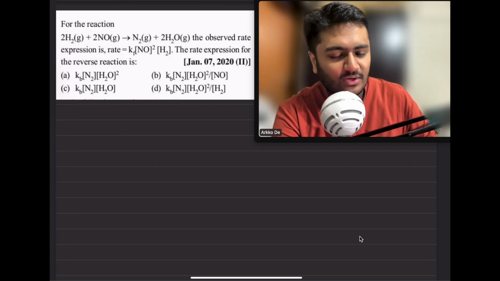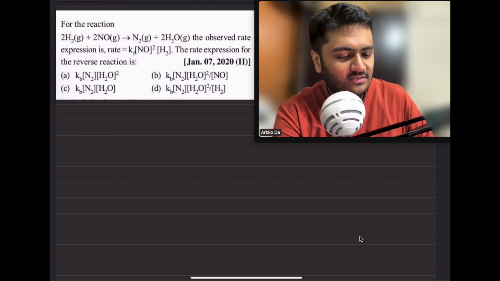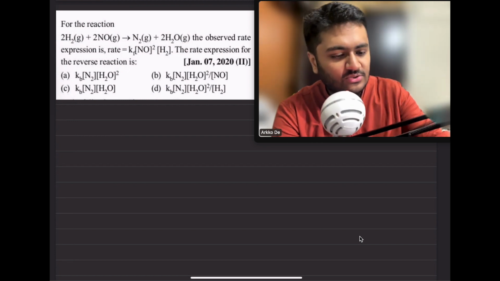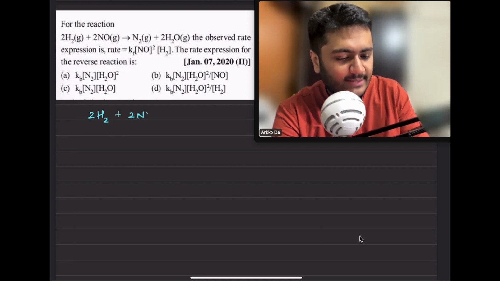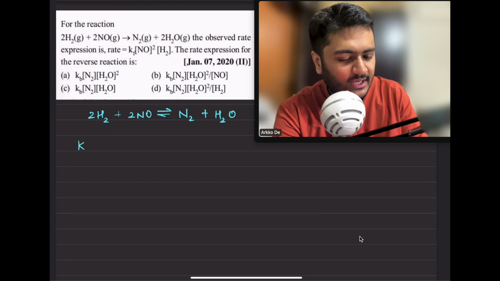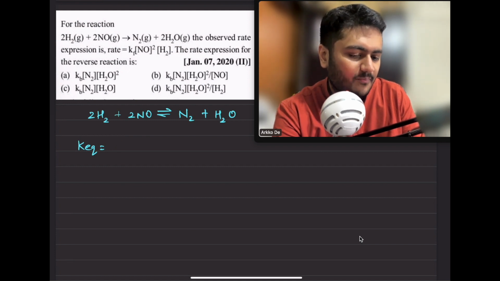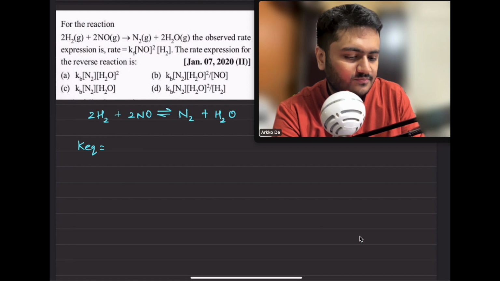So this is a very peculiar question. Let's write the K equilibrium first. Considering that this is a reversible reaction, I'm going to write the reaction one more time, and we can write the K equilibrium as Kf by Kb.